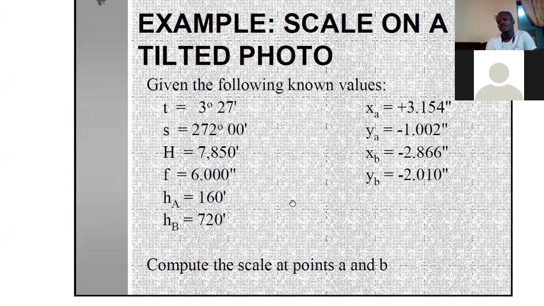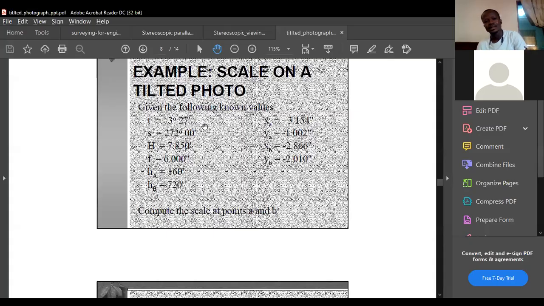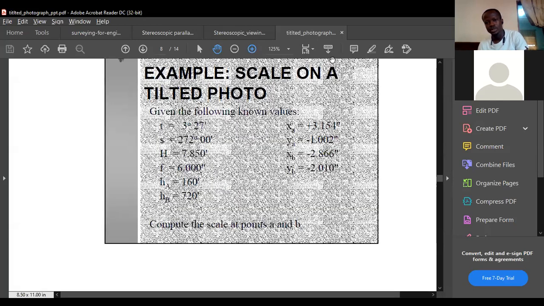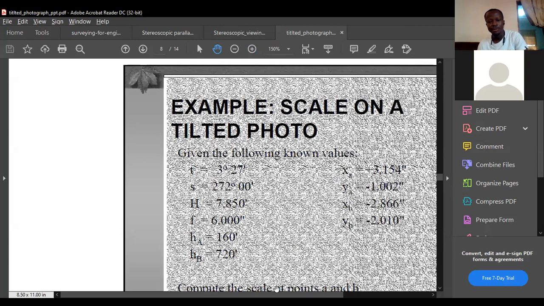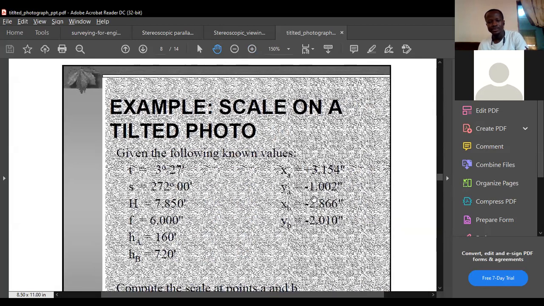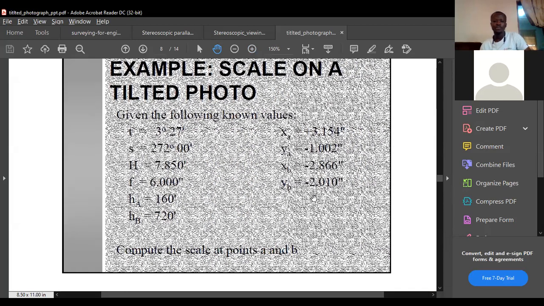You're only given the values. The only thing that most of you don't know how to do is to use the calculator to put in the values. Okay. Apart from that, if you remember your formula and you have these values, I mean, what a computer skill. You need a formula for the scale, then you put in the values.